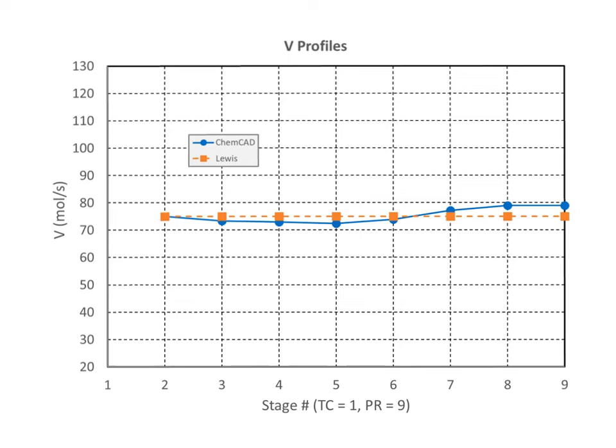In the ChemCAD method, the more rigorous method, it does change a little bit. ChemCAD does not use the EMO assumption, and they probably use a more accurate vapor-liquid equilibrium relationship than Raoult's law.